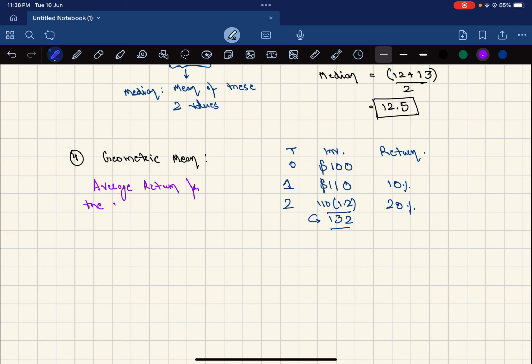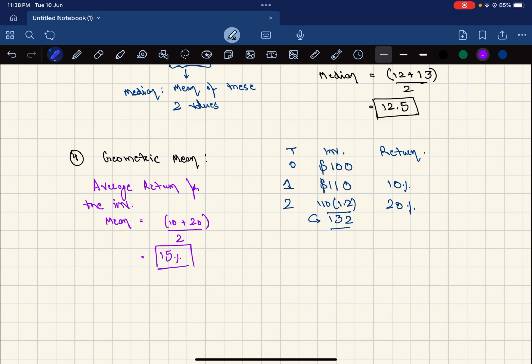one can say that we can find the arithmetic mean, which was the first measure of central tendency we looked at, and we can calculate the arithmetic mean for the 2-year period as 15%, since we got 10% in the first year and 20% in the second year.